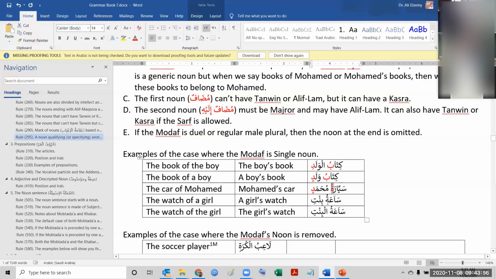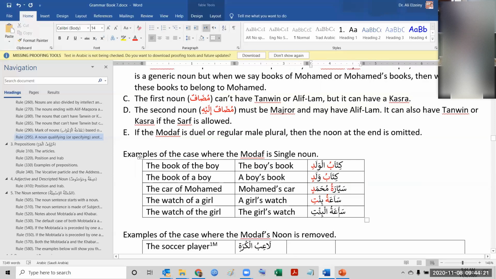The default is marfu', and this one is majrur. So the mark for majrur is kasra.